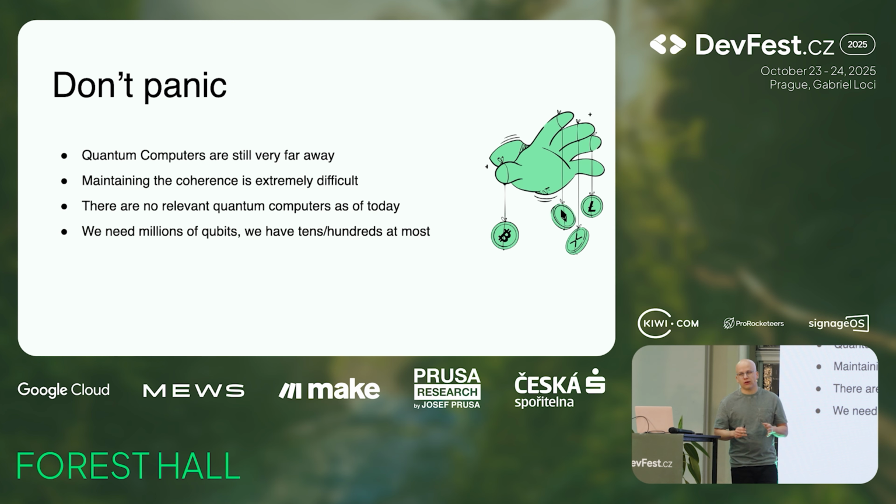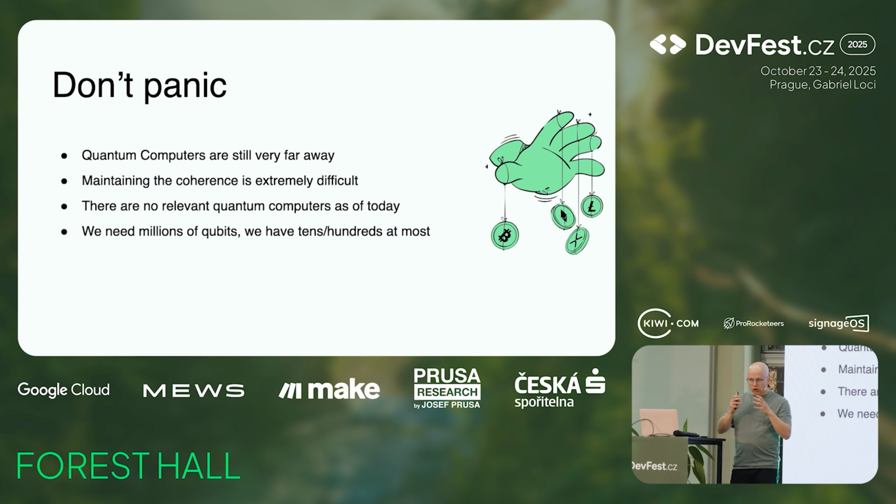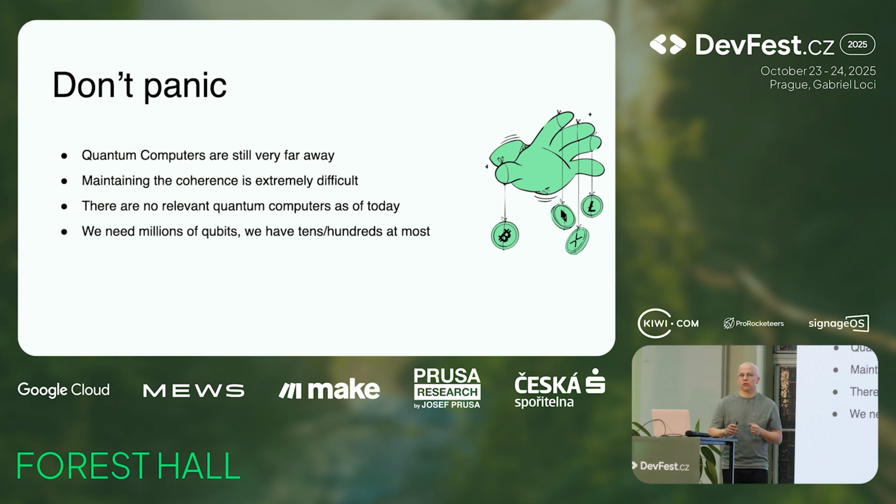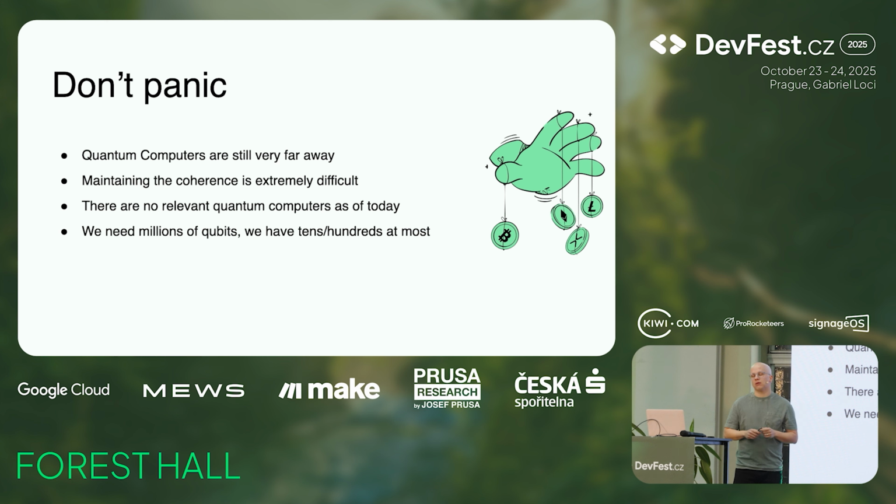We are not there at all. Maintaining the coherence and the superposition is extremely difficult. Quantum computers have to be super cold in one of those types of builds. It's very extreme conditions to even build them. It's very complex, and we don't really have relevant quantum computers as of today.